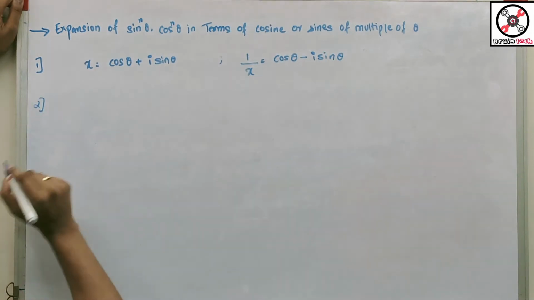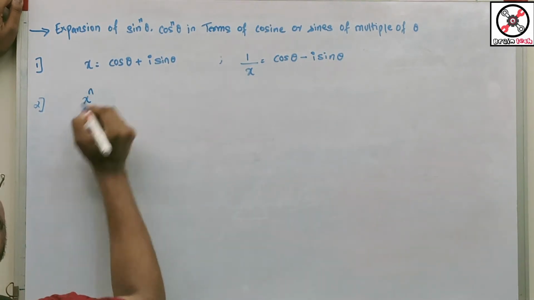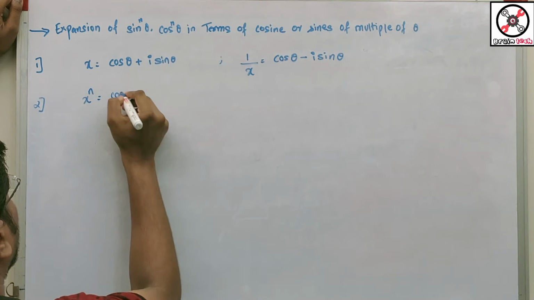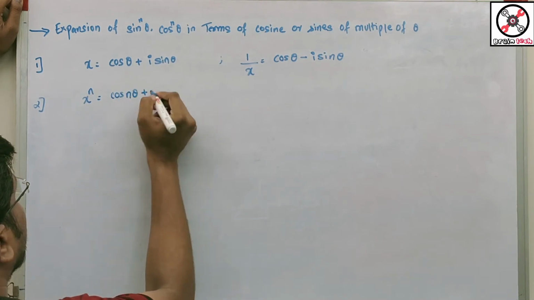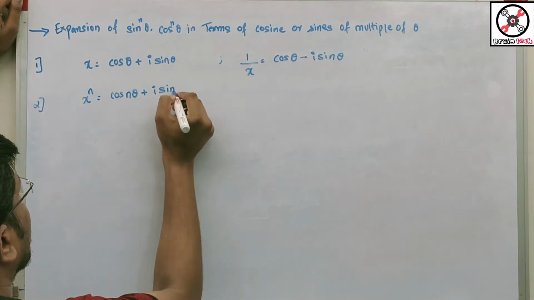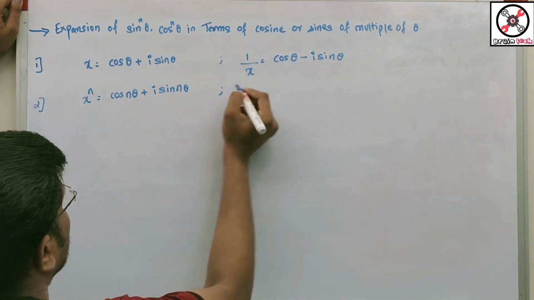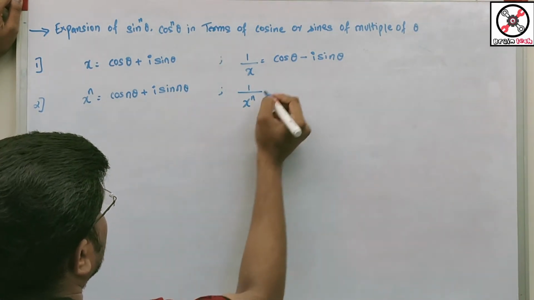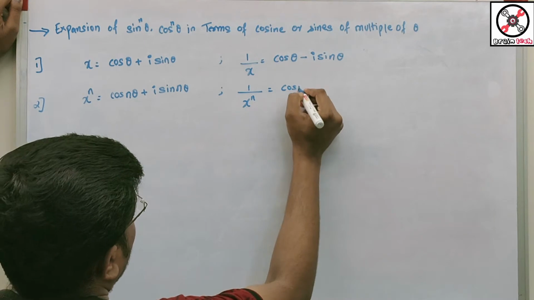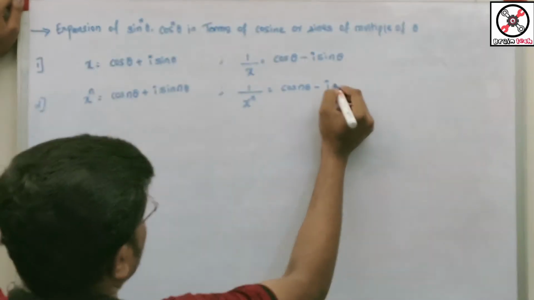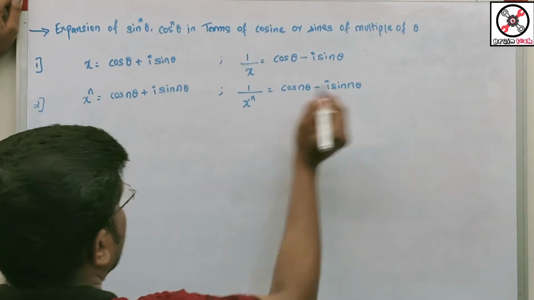Second step is, if x raised to n, then it will be cos of n theta plus i sin n theta, that is De Moivre's theorem. 1 upon x raised to n is cos of n theta minus i sin n theta.